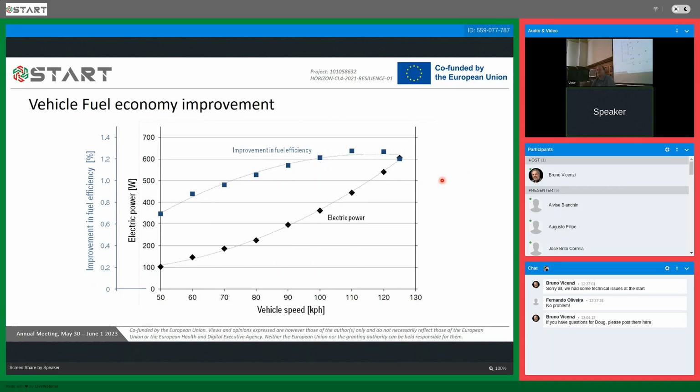So some of the impact on fuel efficiency had to be calculated offline, and this is showing some of that, as we see electrical power as a function of vehicle speed, and then the improvement in fuel efficiency.